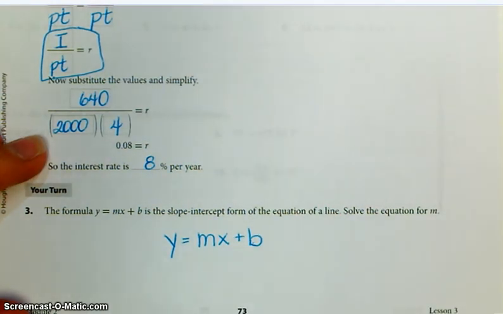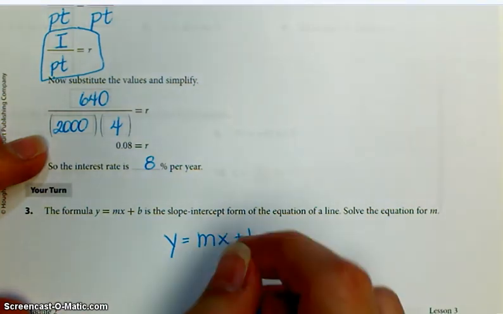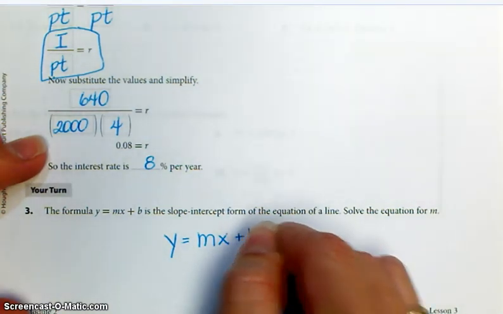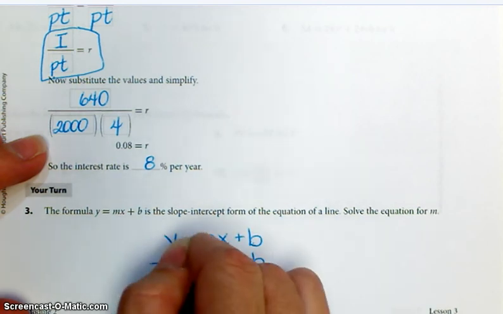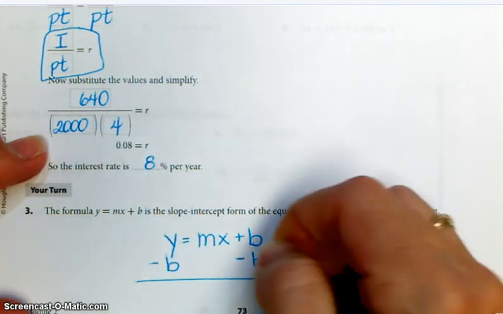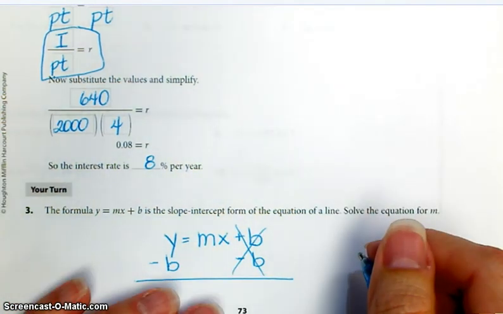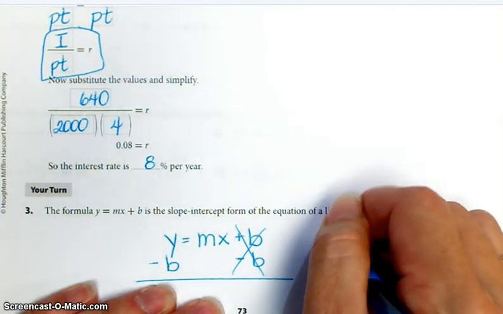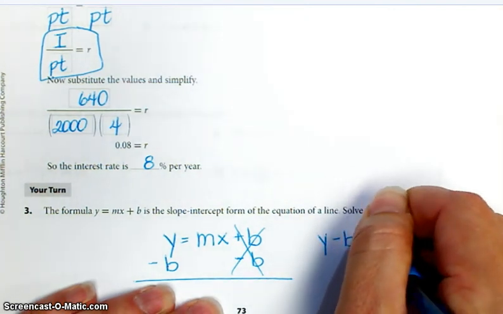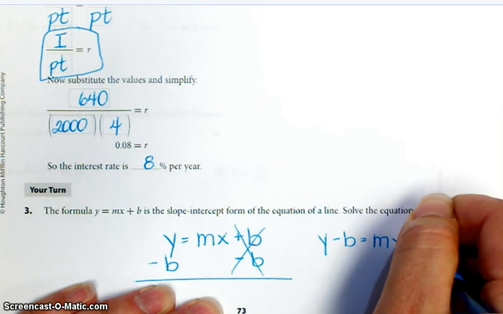All of the terms that do not have the variable that I want, I need to move. So that's going to be this one, minus b. And if I subtract b from one side, I have to do it to both. After that one step, I have y minus b equals m times x.